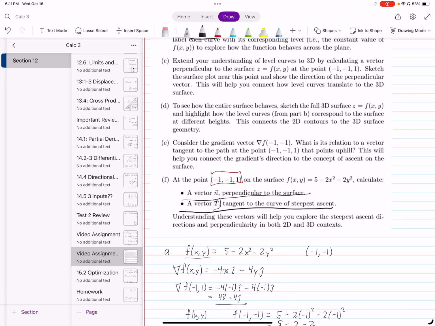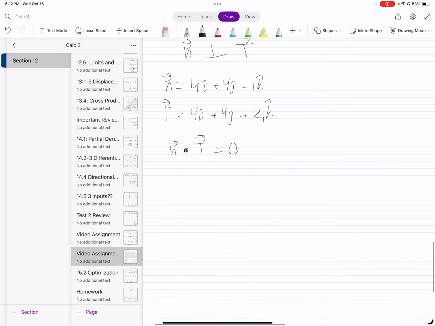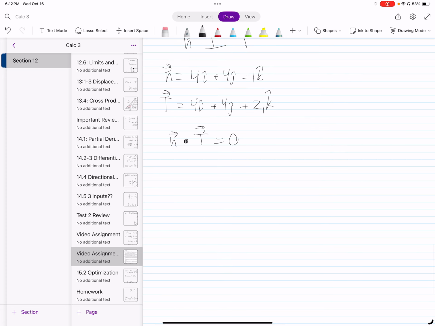So what we know about vectors is that the dot product of two vectors is 0 when they are perpendicular to each other. So the dot product of n and t must equal 0 because they are perpendicular to each other. So we will do this by multiplying them next to each other. So 4i plus 4j minus 1k and then 4i plus 4j plus z1k. This is n.